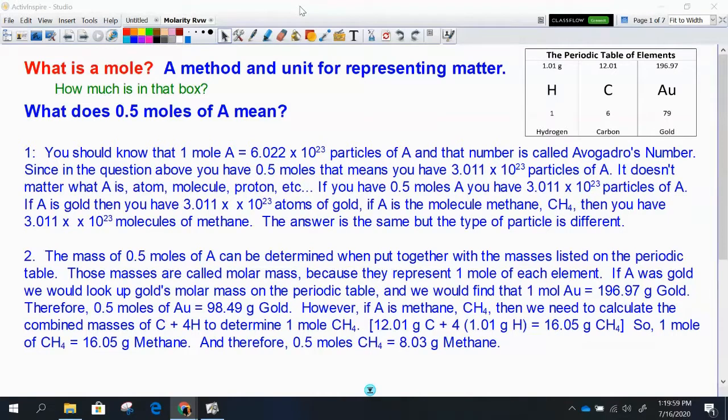Notice that both answers are 3.011 times 10 to the 23rd because you have a half a mole, but the type of particle is varying. You just have gold, so it's atoms. In the other one, you have CH4, which has shared covalent bonds. That's what we call molecules when they're sharing covalent bonds. And go back and review molecules on your own time. This one's on moles and molarity.